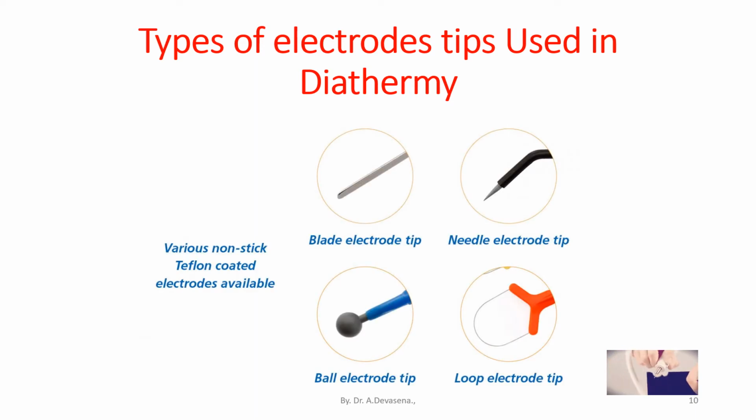In this diagram, we are having four types of electrode tips that are used for diathermy purpose. They are blade electrode tip, needle electrode tip, ball electrode tip, loop electrode tip. These electrode tips are non-stick and they are Teflon coated.